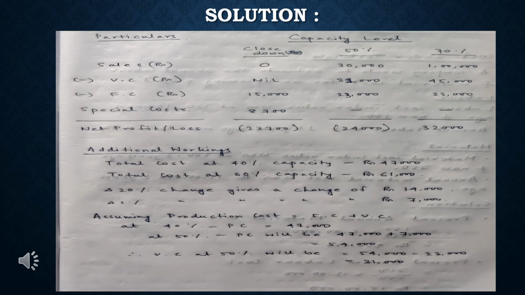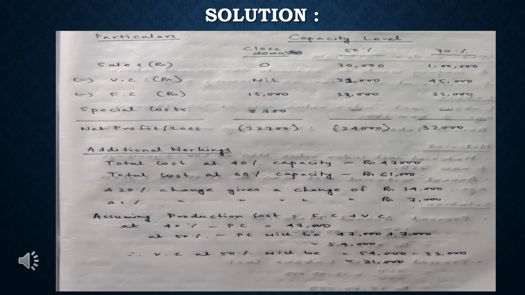So practically, now come back to the decision making part. If we consider the decision making part in plain sight, the organization should close down as the loss is lesser in the closing down, by 300 rupees.